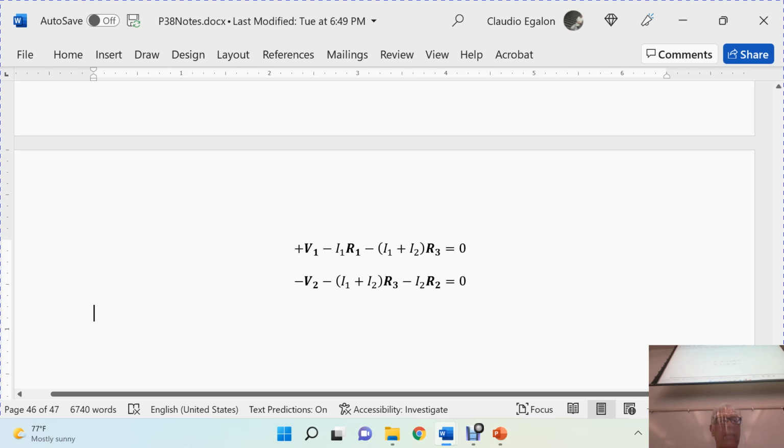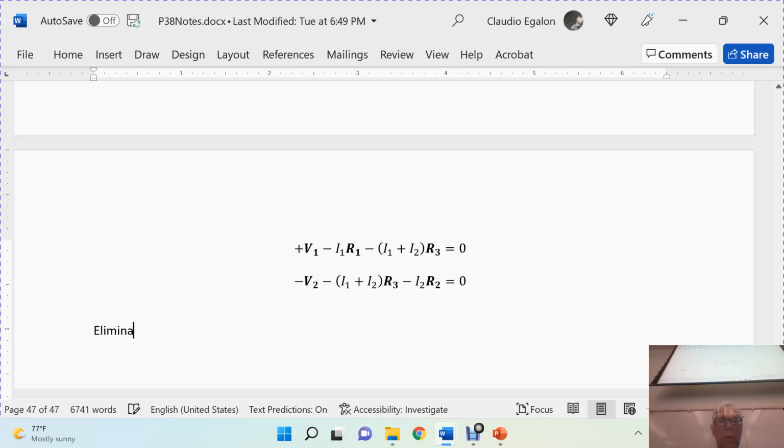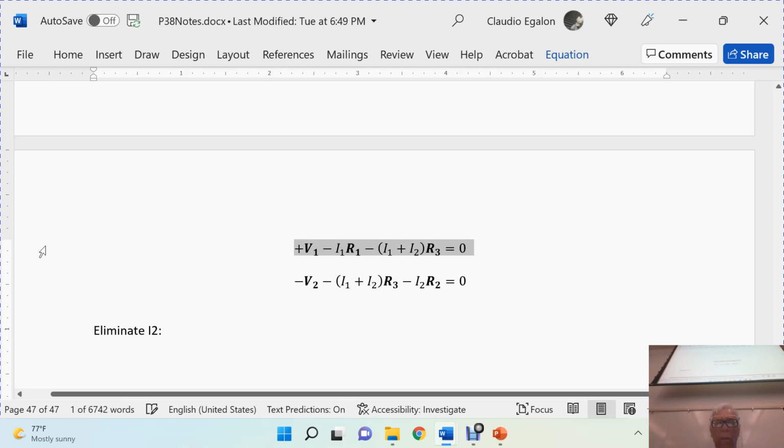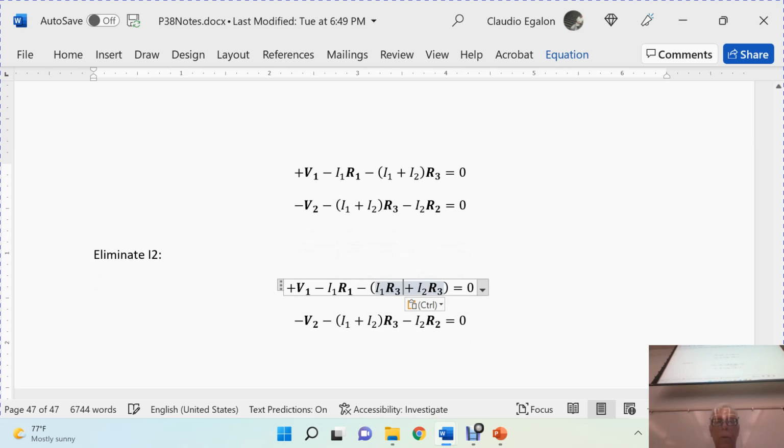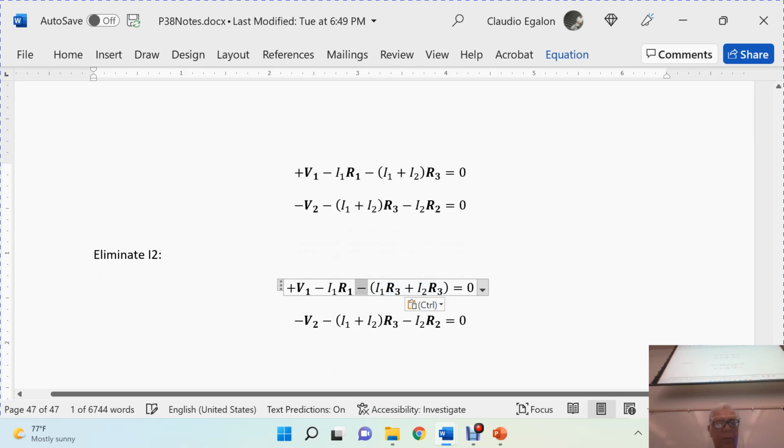What we are going to do next is eliminate I2. I can eliminate I2 from this equation here. I suggest that you use this one to eliminate I2. So let's do that. I'm going to multiply, and apply the negative sign here as well.